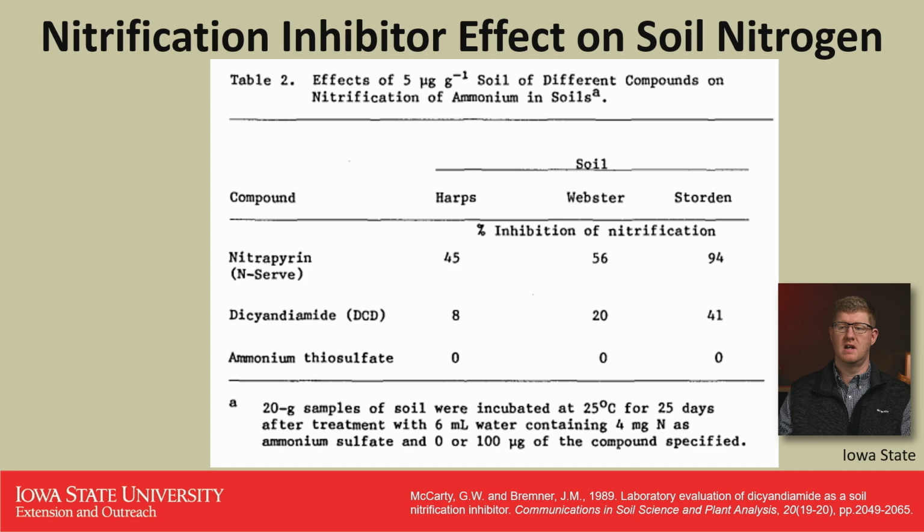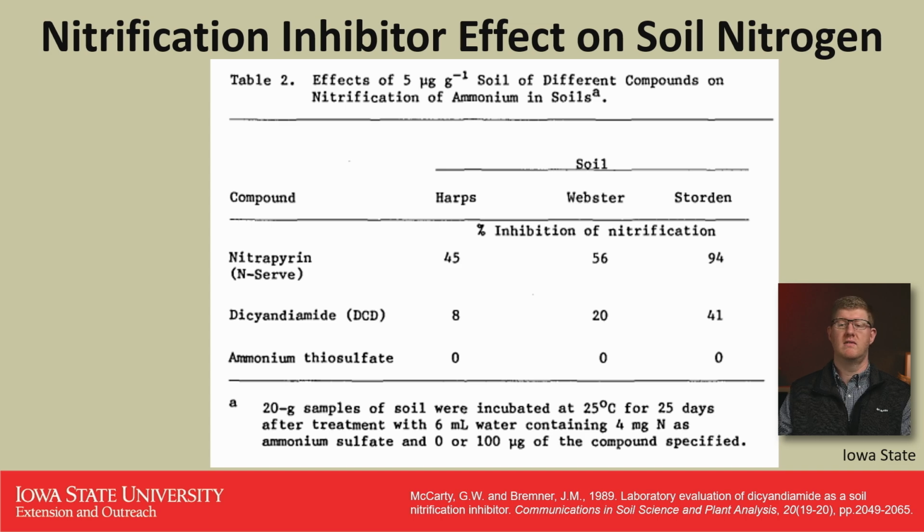So here, this study was actually conducted in a lab at Iowa State University back in 1989. What they did was look at how well nitrapyrin, DCD, or ammonium thiosulfate inhibited nitrification in 3 different soil types: a Harps, a Webster, and a Storden. What you can see from this table, the first thing I'll highlight, is that ammonium thiosulfate was 0 across the board.